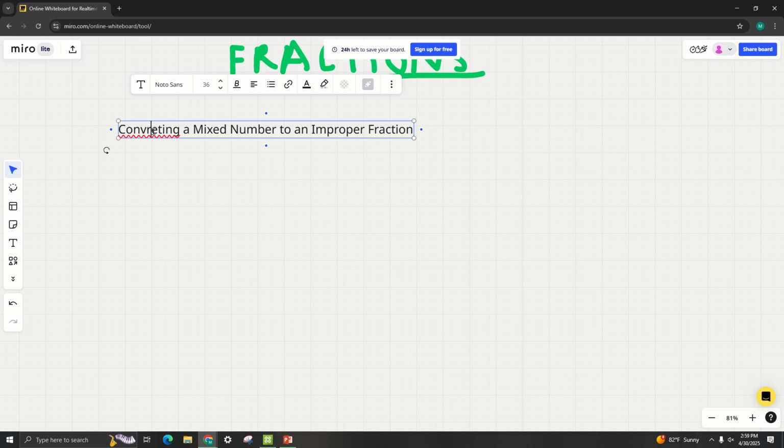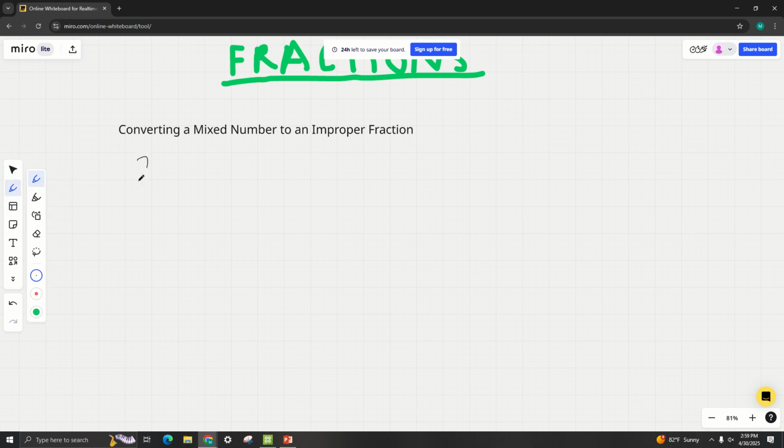And let me fix my typo over here. So let's go ahead and come up with a mixed number. Let's do 2 and 5/7. Why not? So there's actually a very nice little drawing I can do for this, and I suggest you use it if it helps you out.